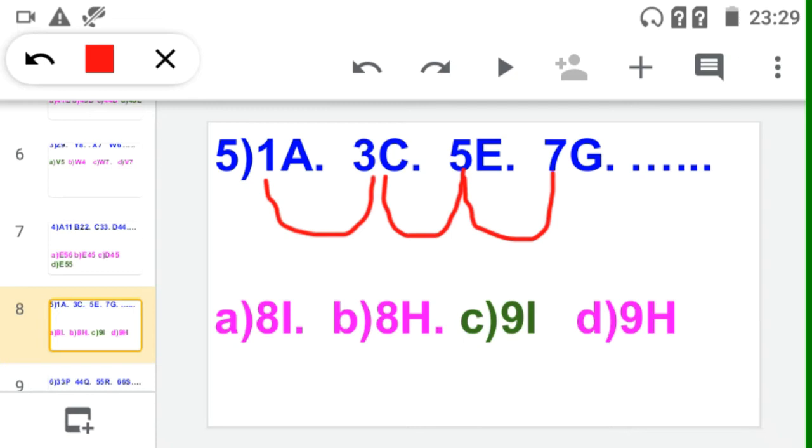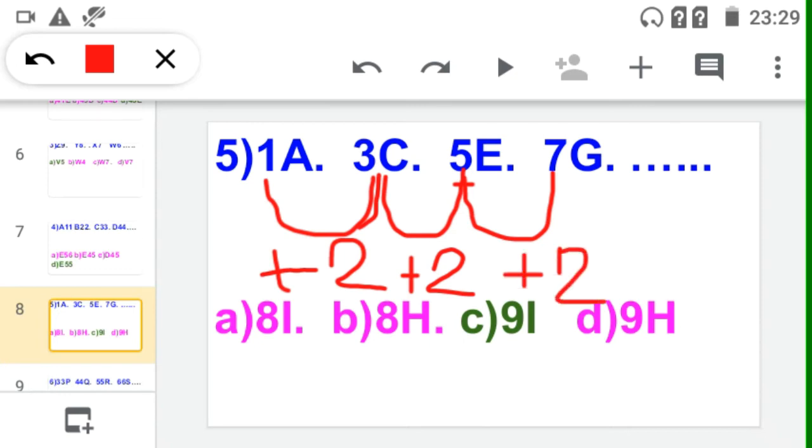Yes, the second term is increasing by 2. If you add 2 to 1, then you will get 3. Then if you add 2 to 3, then you will get 5. Then if you add 2 to 5, then you will get 7.